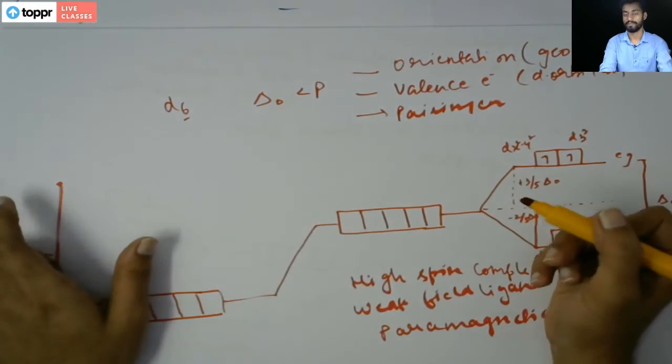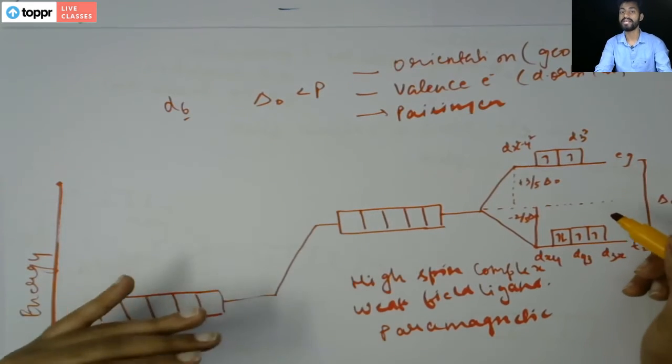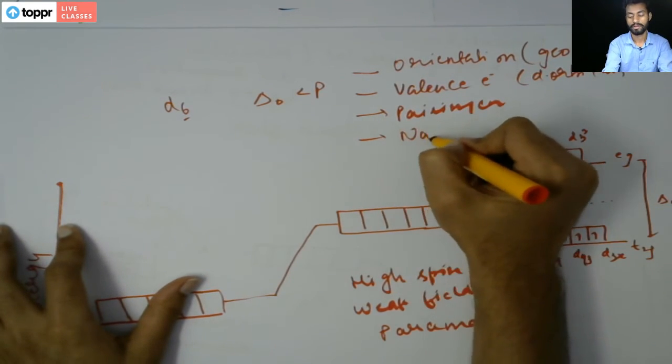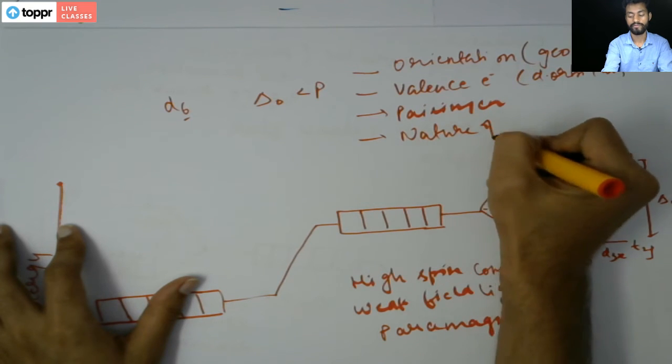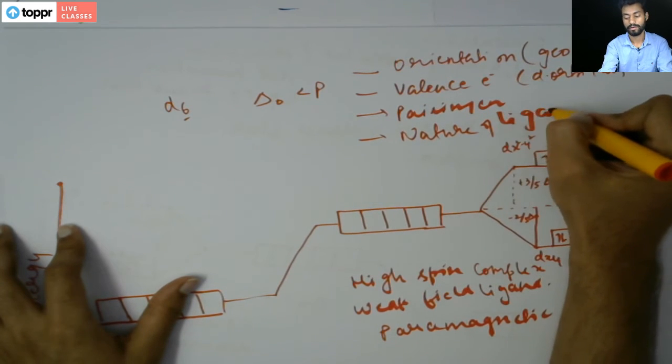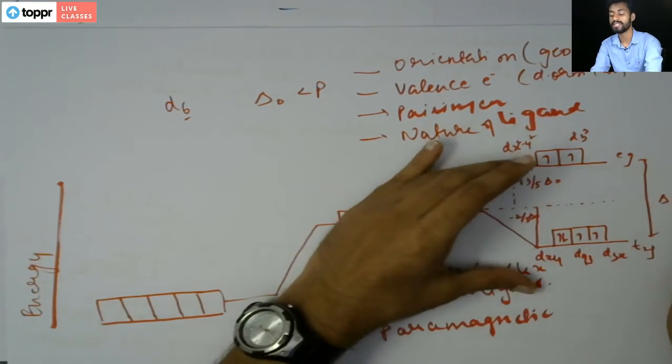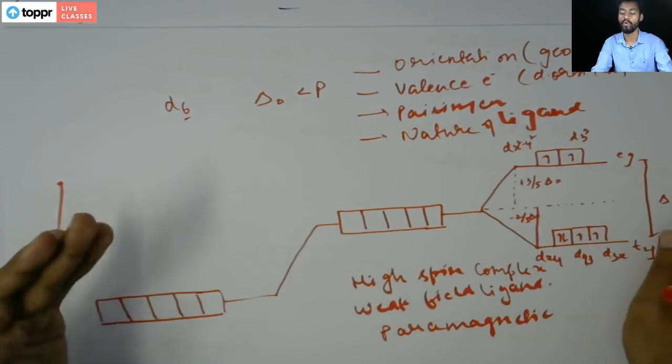One more thing comes, and that is ligand, the nature of ligands. It also determines the crystal field splitting, that is the value of delta O.